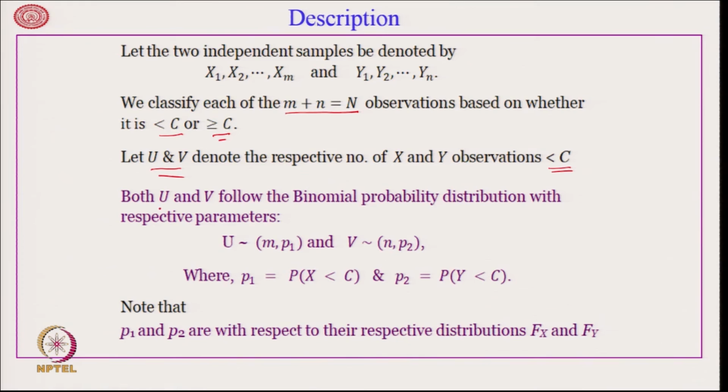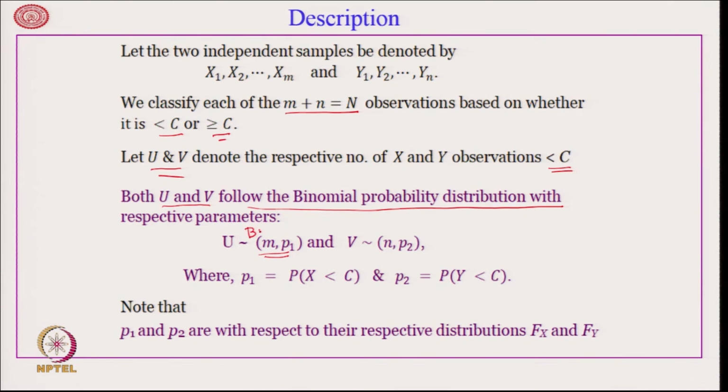Therefore, both u and v follow the binomial probability distribution with the following parameters. U is binomial with m and p 1, and v is binomial with n and p 2.